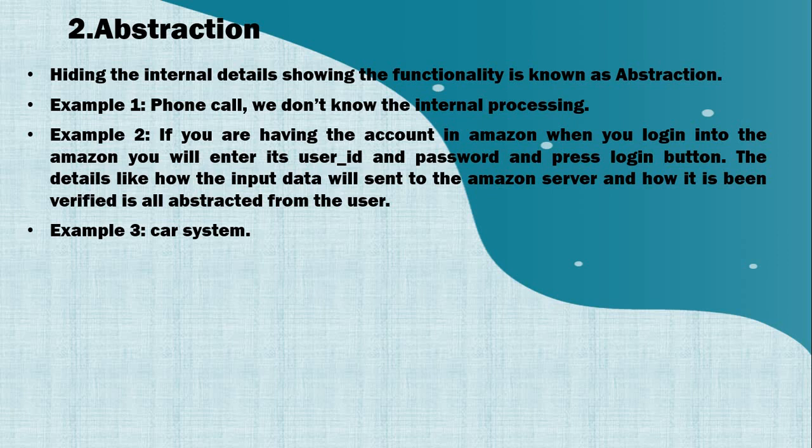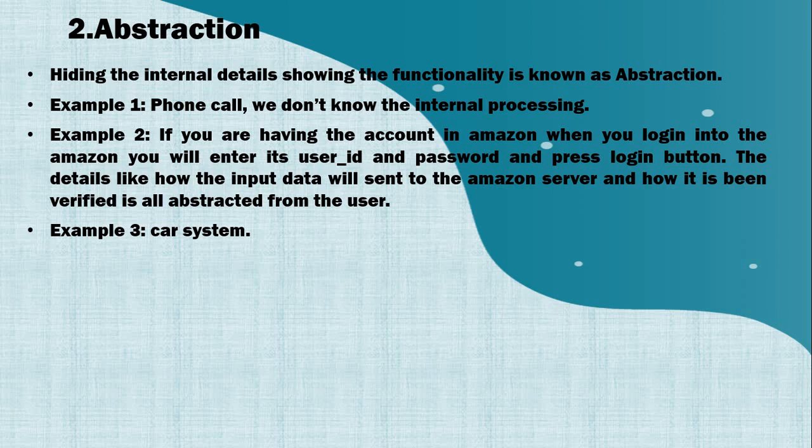Next one is the car system. The car itself is considered a well-defined object, but internally it is composed of several smaller systems like the gearing system, steering system, and engine, which in turn have their own subsystems. But their details are hidden from the user.